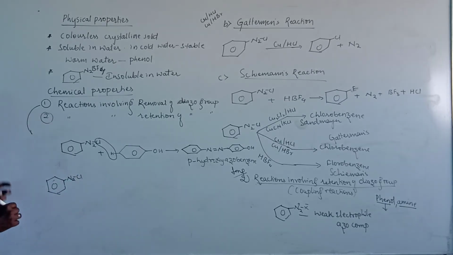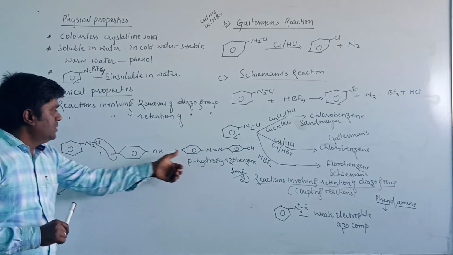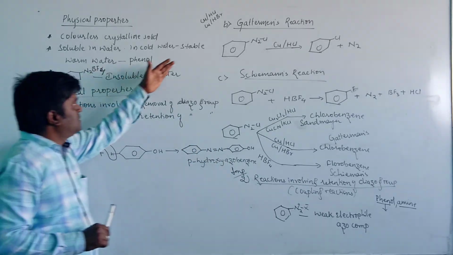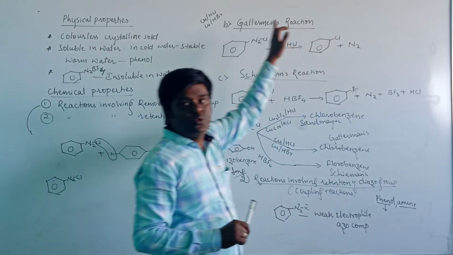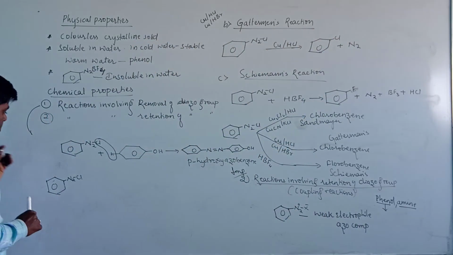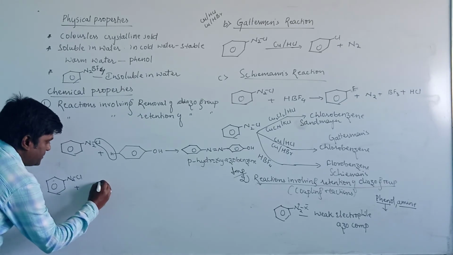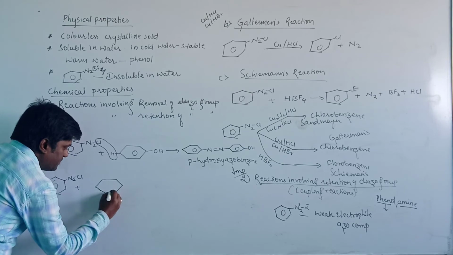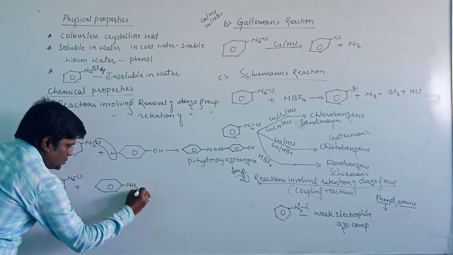These are the reactions involving the retention of the N2 group, the diazo group. Here there is no loss of the N2 group, whereas in the other reactions there is an elimination or removal of the N2 group. Here, benzene diazonium chloride reacts with the amine, consider aniline, NH2.